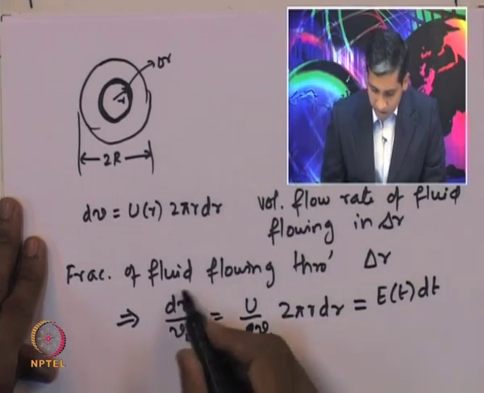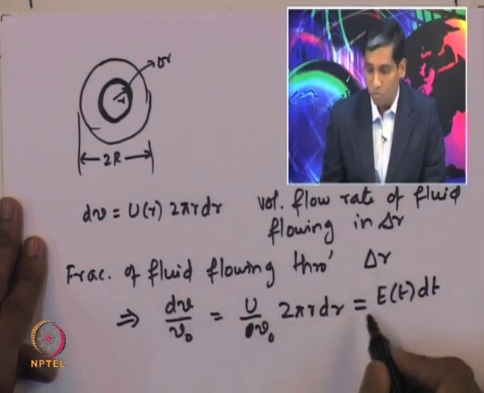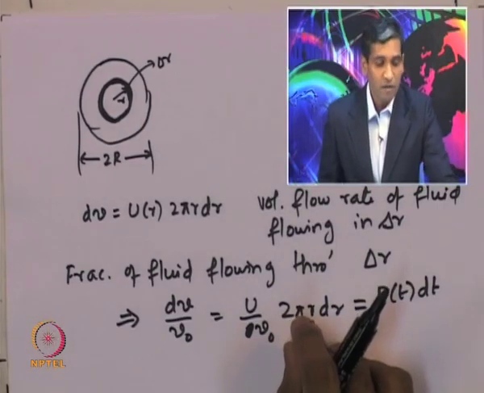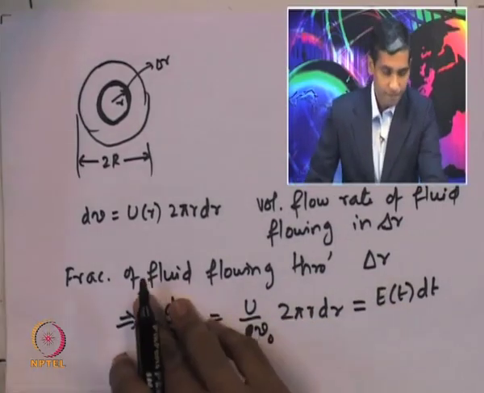Therefore, the fraction of the fluid flowing through should be equal to the corresponding residence time of that particular fluid element.